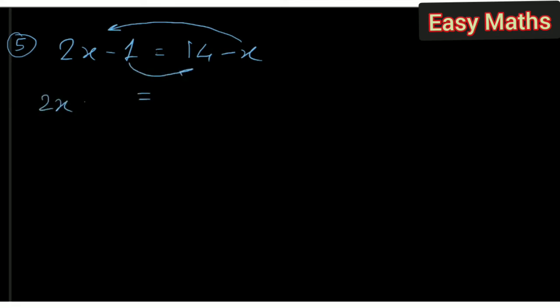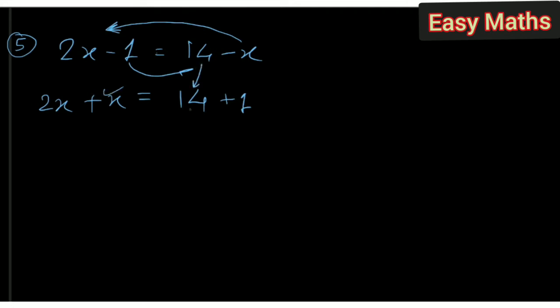Question number 5, 2x minus 1 is equal to 14 minus x. Almost all the questions are similar. Just what we have to do is take variable terms to one side and constant terms to the other side. Simple. So minus x goes to the left side of equal to and becomes plus x.